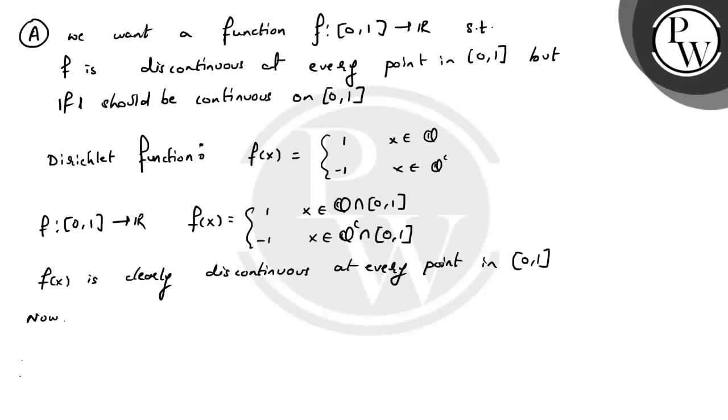Now, the modulus of f(x) will give us the value 1 for every x in the interval 0, 1, which implies modulus of f(x) is continuous, because a constant function is always continuous, right?